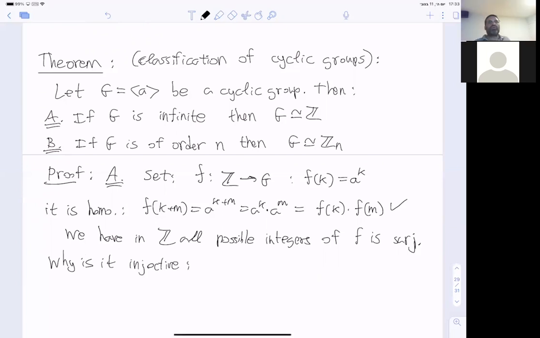We want to show that if two images are the same, then the sources must be the same.